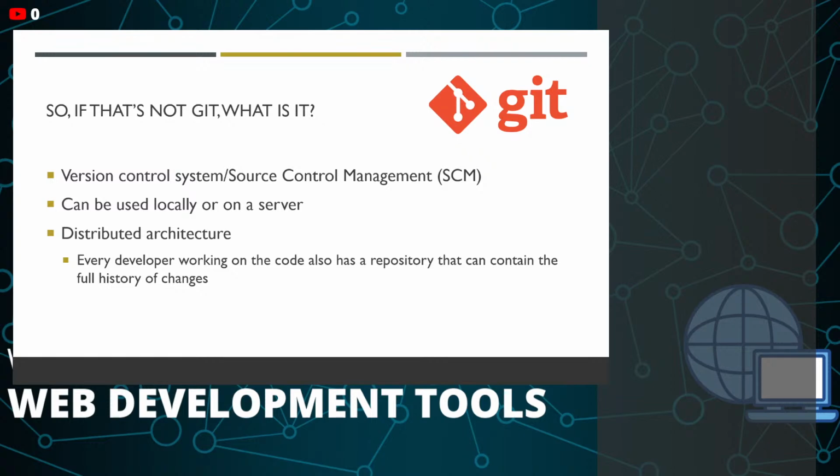With Git, we kind of take that and flip it on its head a little bit. Instead of having one document with everybody working on it, with Git, there are multiple documents.